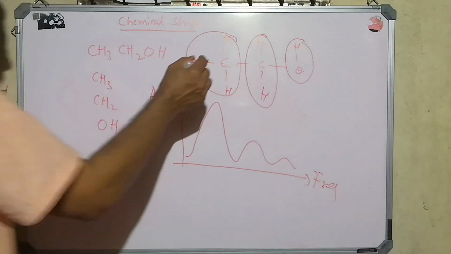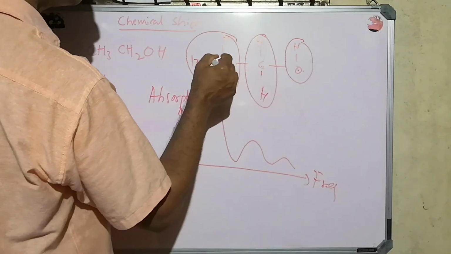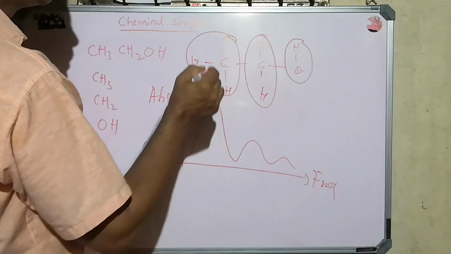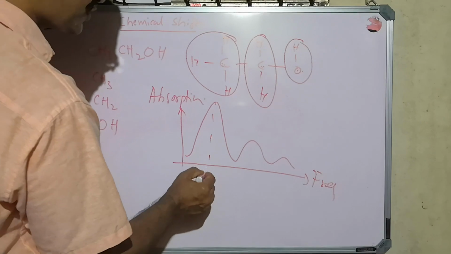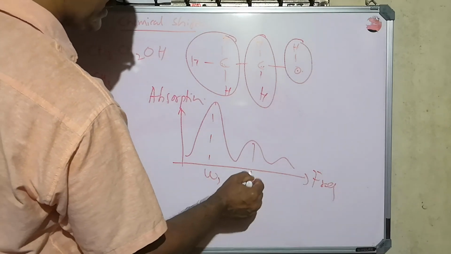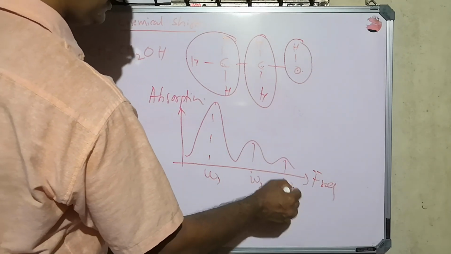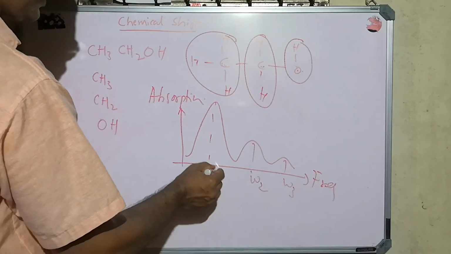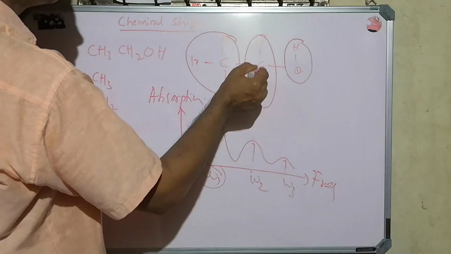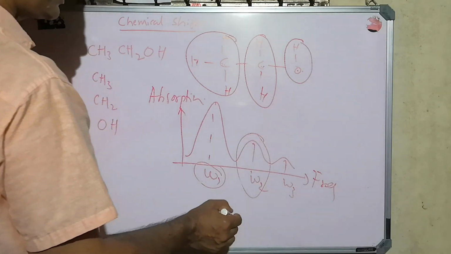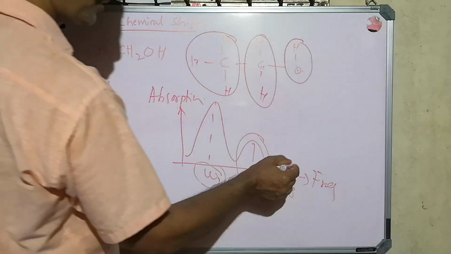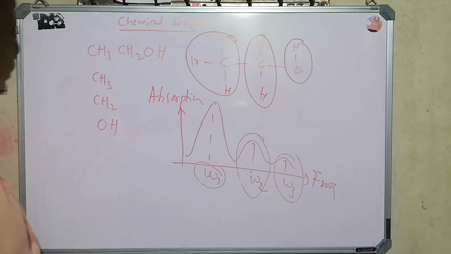As the shielding is different in these three groups, the protons resonate at different frequencies. In CH3 it resonates at omega 1, in the CH2 group at omega 2, and in the OH group at omega 3.